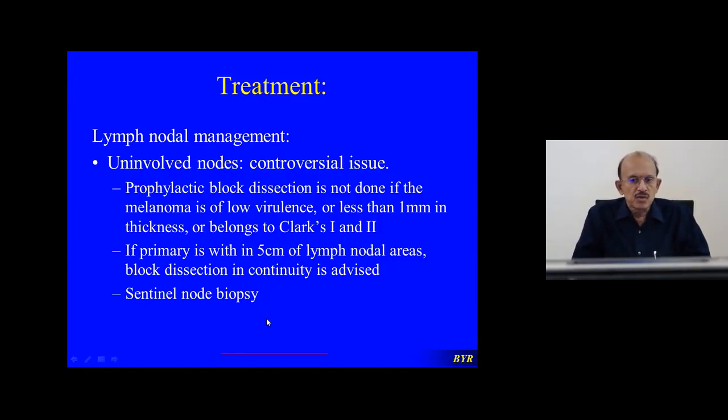If it has a positive node, you can do excision or block dissection of the lymph nodes. So if the lymph nodes are not involved, prophylactic block dissection usually is not done, but it's preferable to do a sentinel node biopsy. What do you understand by sentinel node biopsy?